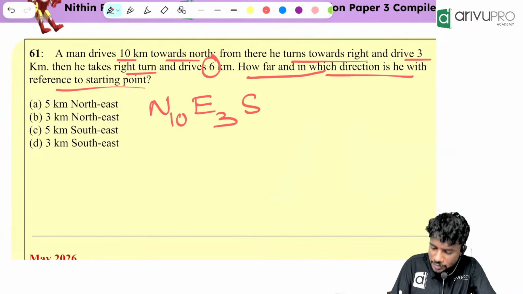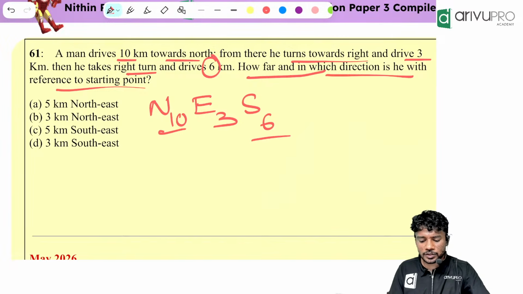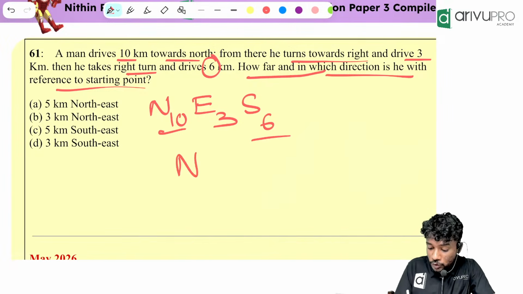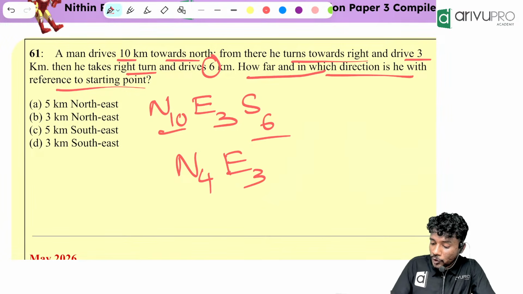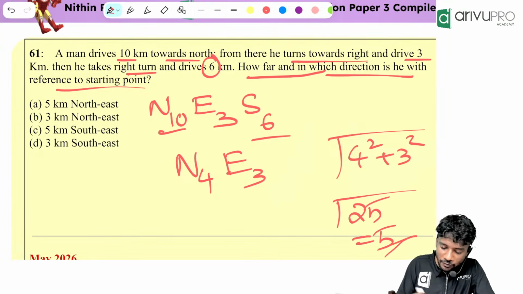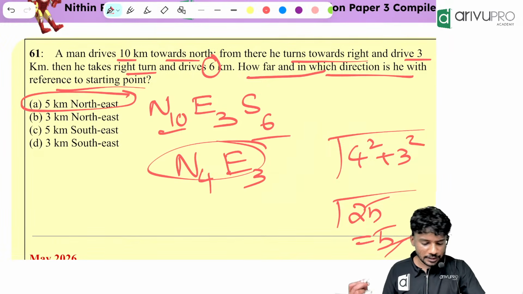How many kilometers? 6 km. Now tell me, north is bigger. North 10 minus 6 is how much? North 4. East 3. Root of 4 square plus 3 square, which is nothing but root 25. How much is it? 5. Which option is the answer, people? 5 km northeast. Option A is your answer.